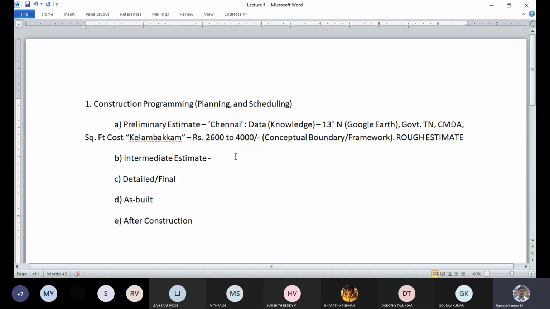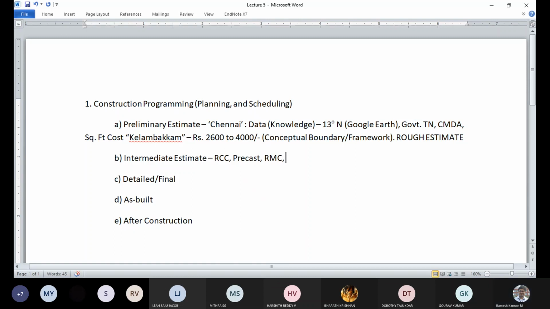The intermediate estimate will go into more detail, like what type of structure they use. They use RCC, or what happens if there is any precast yard nearby, so that we can go for precast construction. Or what will be the RMC plants nearby for concreting.